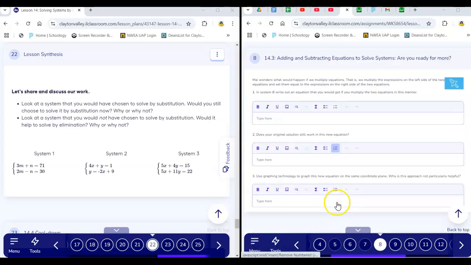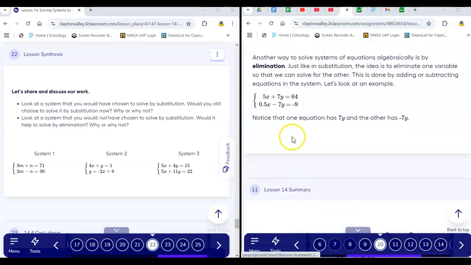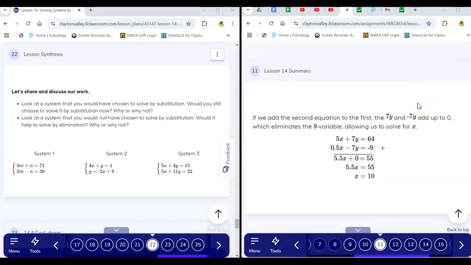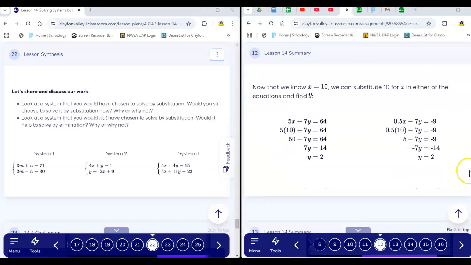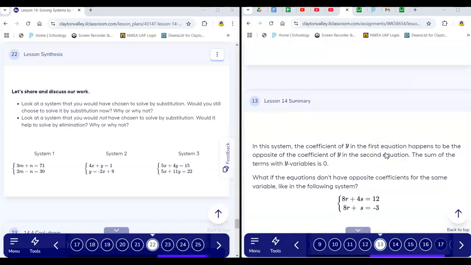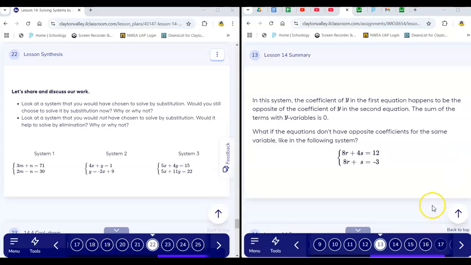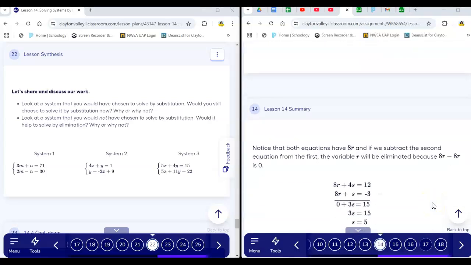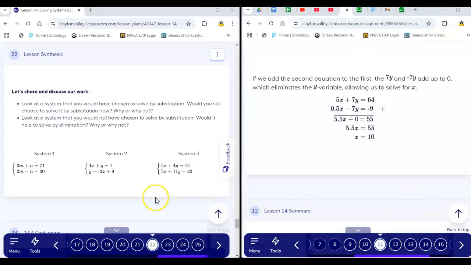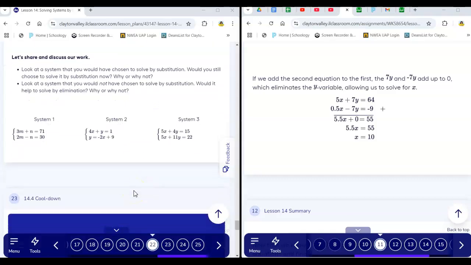This is the summary that is just going to tell you all of the things that they covered in the lesson. But this is a very important part of the lesson right here.